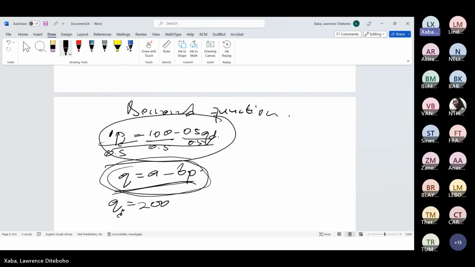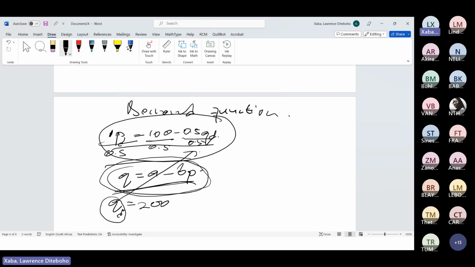If you look at this one, Q, it was negative when it was on the right-hand side. So after dividing it, we moved it to the left-hand side. That is why you see it now as positive, because it was negative on the right-hand side. So moving it to the left-hand side, it becomes positive. If you look at P, it was positive on the left-hand side.